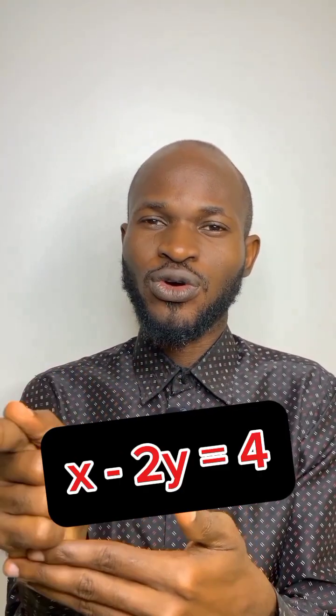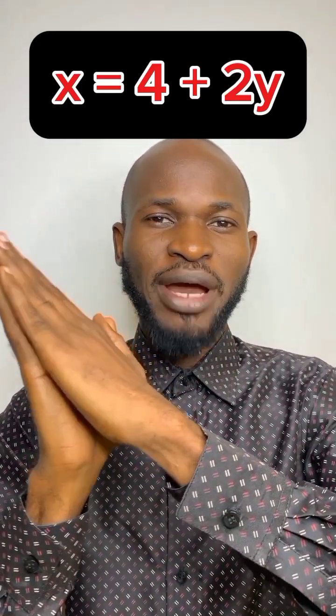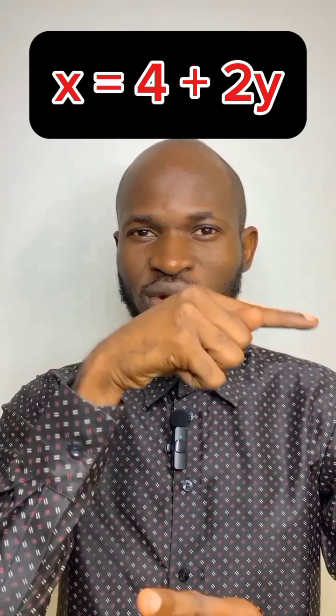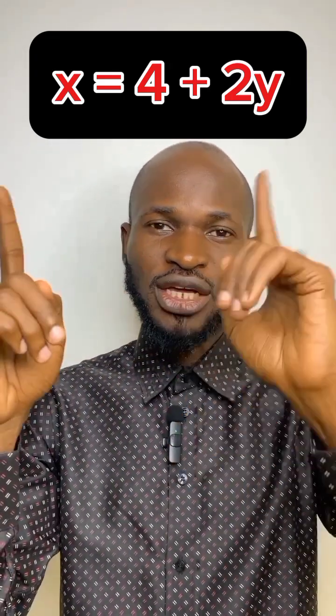For the linear equation that we were having earlier, which of course was x minus 2y is equal to 4, we are now able to change that to x is equal to 4 plus 2y by moving the minus 2y to the other side of the equation, from here to here.